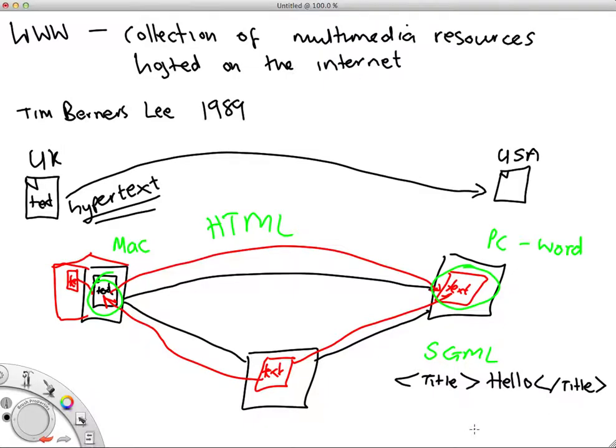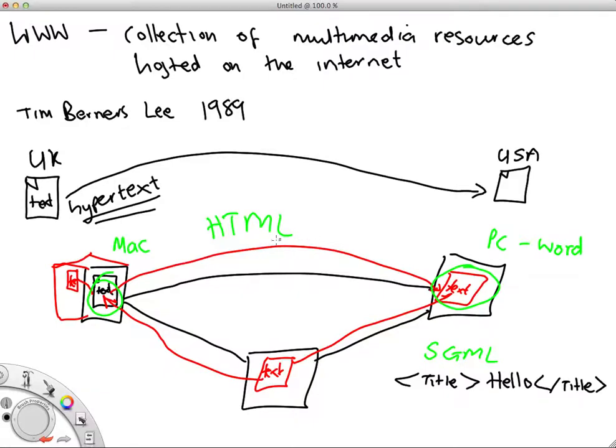And this had a very structured, internationally agreed upon method for marking up text within documents. And so what Tim Berners-Lee did is he said, well, look, I need to develop this sort of language that allows me to be able to link from one document to another that might be on a different operating system, that might be on a different computer, that might be in different software applications.